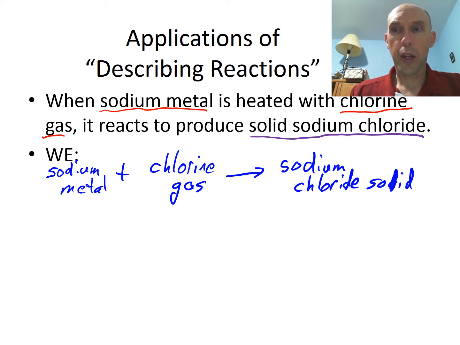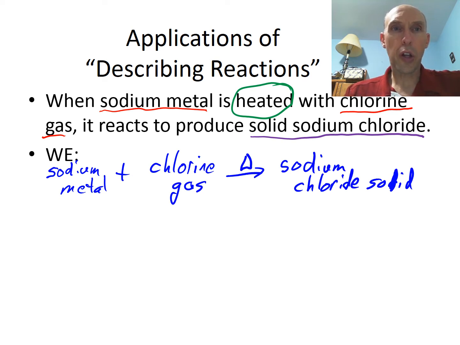Now if we want to show that heat piece, the way we do it is, over the reaction arrow, we write a triangle. Just like that. All right, so that is the word equation.